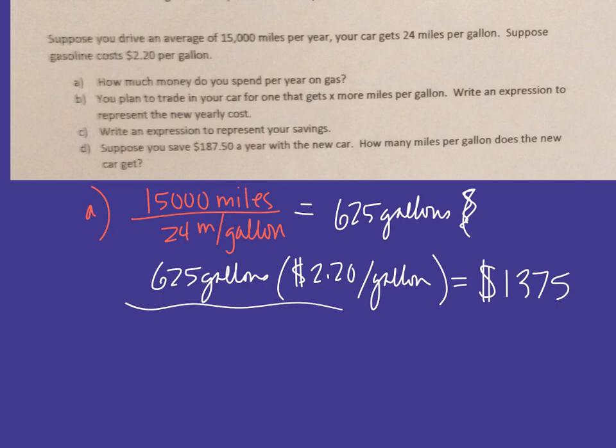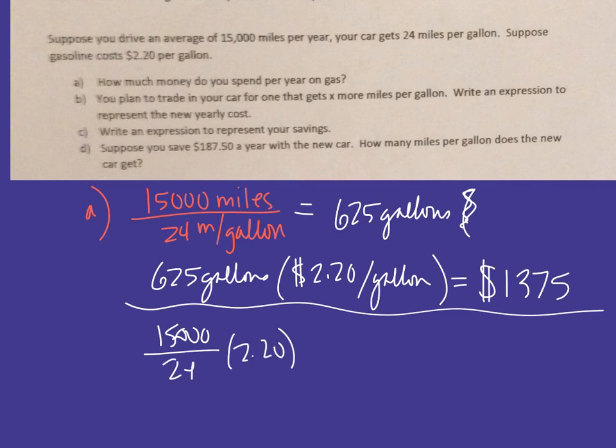Now I could have done that all in one operation, and you guys might have done that. Like 15,000 divided by 24 times 220 to give you the 1375. That might be helpful for part B.